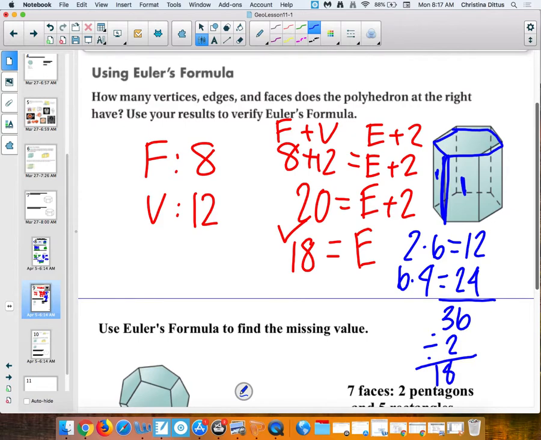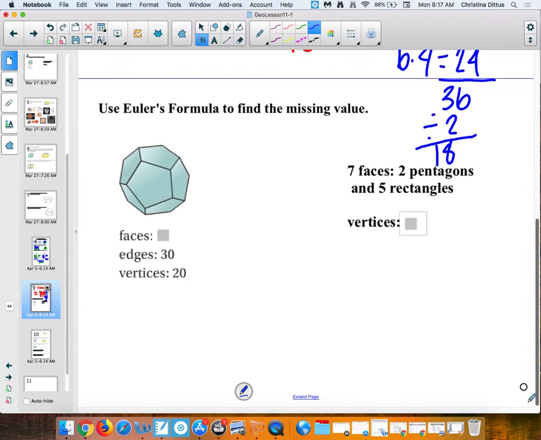Oh, just don't do that. Okay, we're gonna do it in this next one. Okay, so using Euler's formula to find our missing values, notice there's just one missing: faces. I know edges and vertices, thank goodness, because I'm not gonna count all that. So my formula, f plus v equals e plus 2.